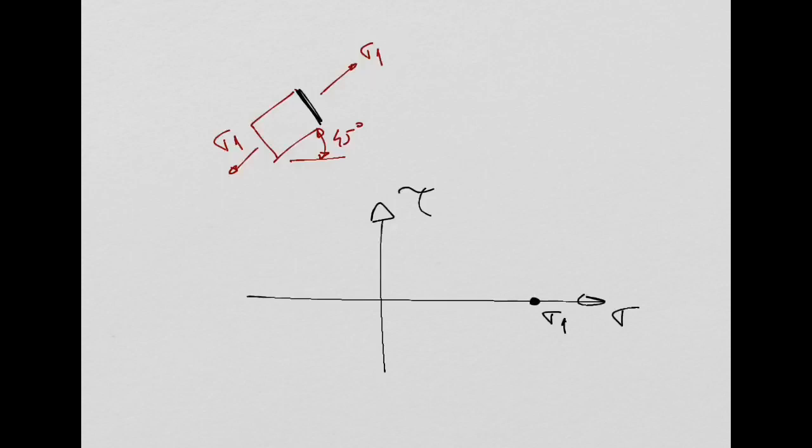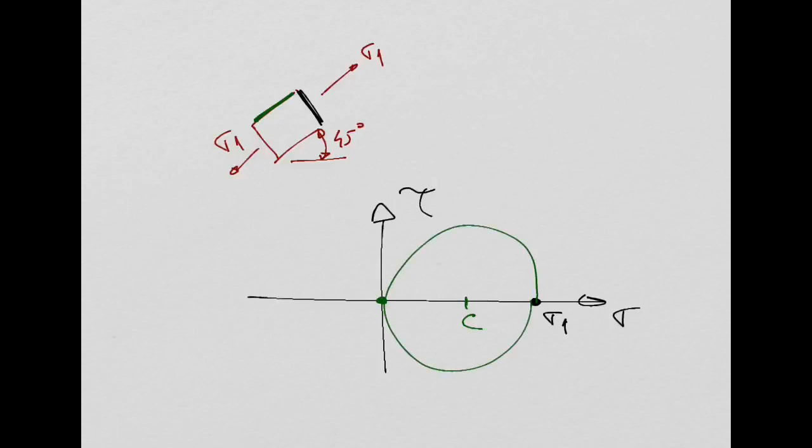So this point here represents this shear plane, right? Now you need to have another point so that you can draw the circle. So where do you get that other point? Well, you get from the other shear plane that you have, which is this one in green. And in this shear plane in green, you have a 0 direct stress and a 0 shear stress. So this point needs to be this one at the origin, right? Once you have these 2 points, the midpoint between these two is the center of the circle, and the circle will have to pass on these 2 points, right?